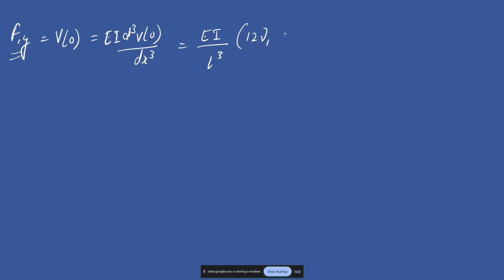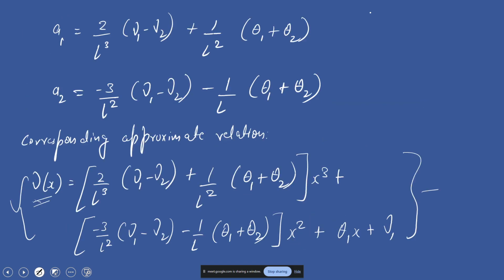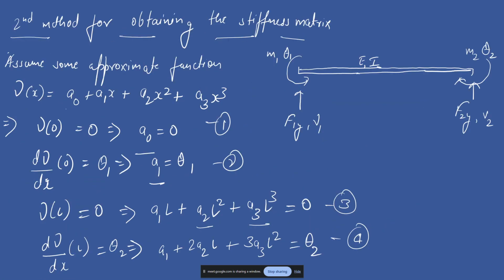12 mu1 plus 6 L theta 1 minus 12 mu2 plus 6 L theta 2.